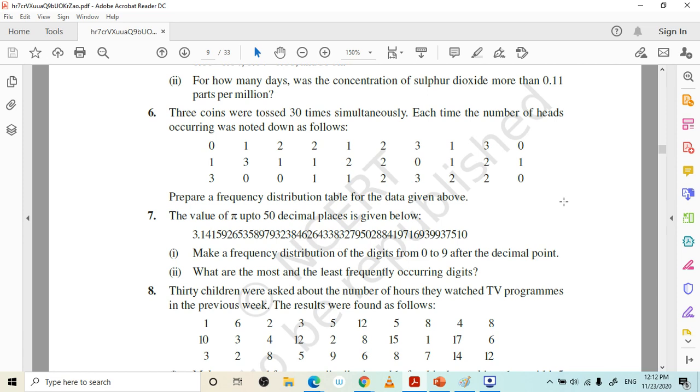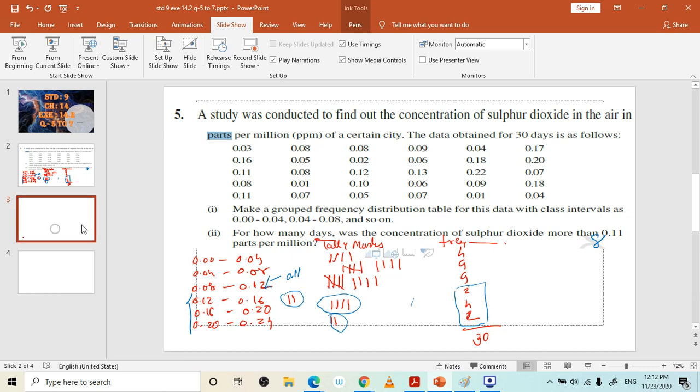Which class interval will you take? 0 means like this only you have to write. See, because here the minimum is 0 and the maximum is 3. Then here you have to write 0, then 1, 2, and 3. Okay, easily you can make its distribution table.